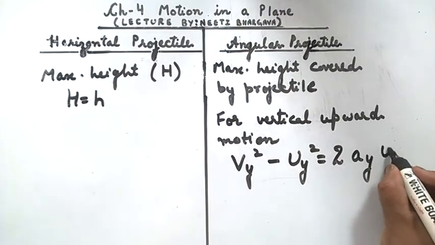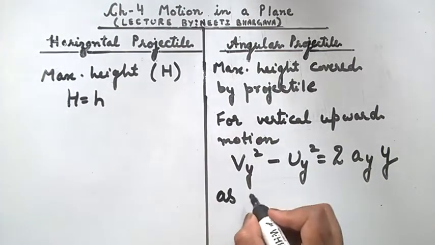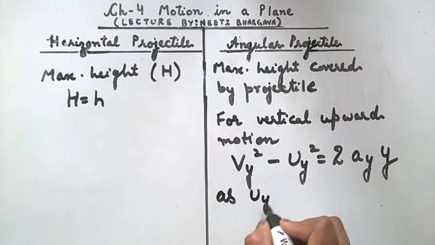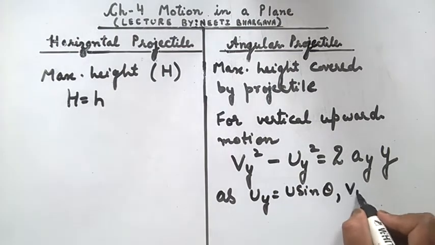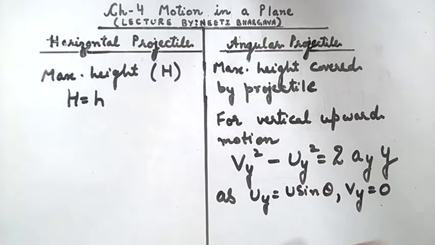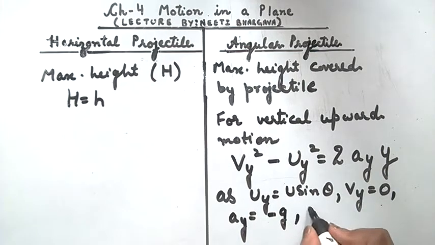Here Uy is equal to u sine theta, Vy is 0 at maximum height, Ay is minus g, and y is equal to maximum height of a projectile.